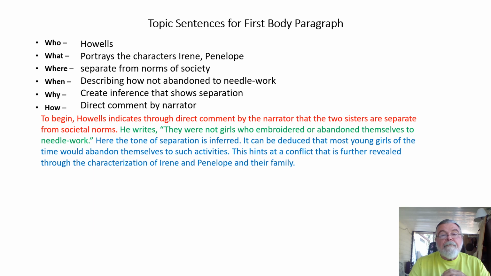Here, the tone of separation is inferred. It doesn't say they're separated. It's an inference. That's good commentary. It can be deduced that most young girls of the time would have abandoned themselves to such activities. This hints at a conflict that is further revealed through the characterization of Irene and Penelope and their family.